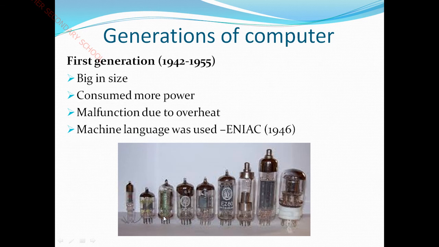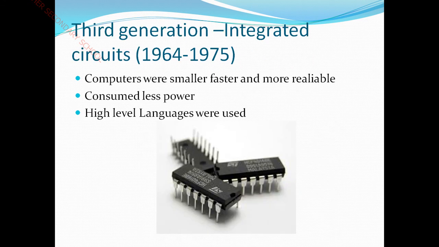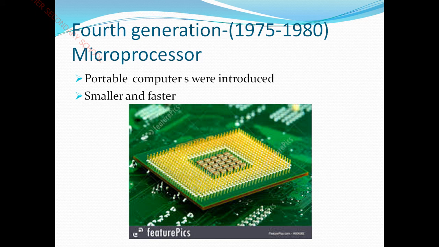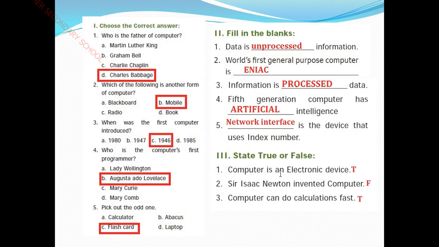We have discussed the 5 generations. First generation computers used vacuum tubes, second generation used transistors, third generation used integrated circuits, fourth generation used microprocessors, and fifth generation used artificial intelligence.